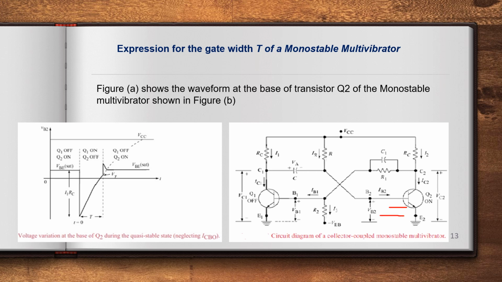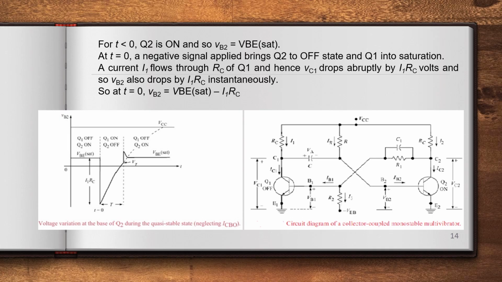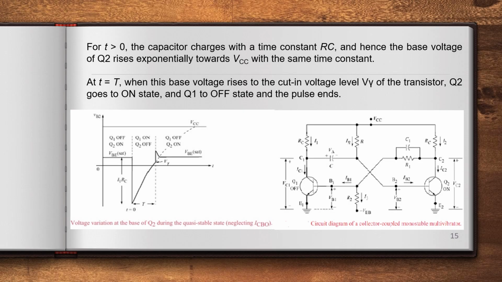The base potential of transistor Q2 is drawn here. The initial voltage is VB sat minus I1 RC. When Q1 is off, all the applied potential appears at the collector of transistor Q1.